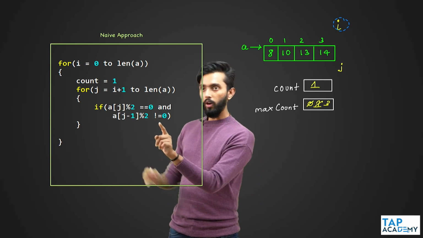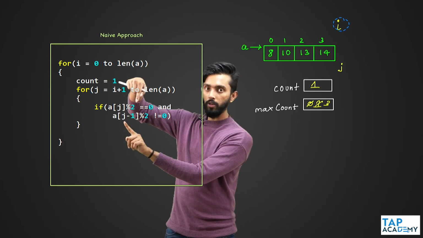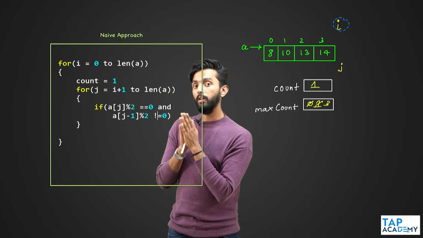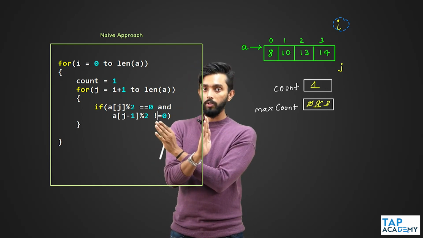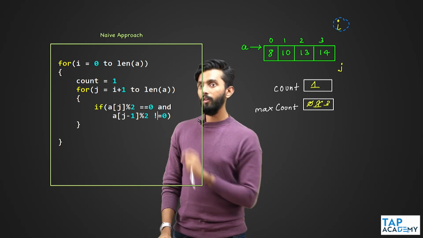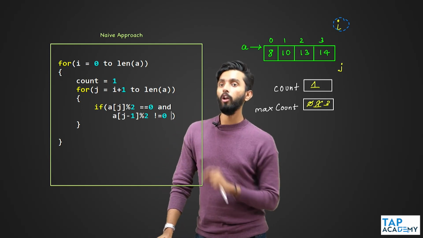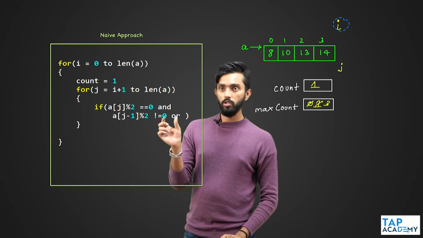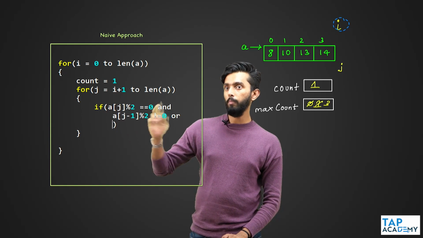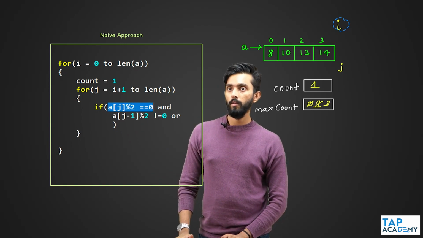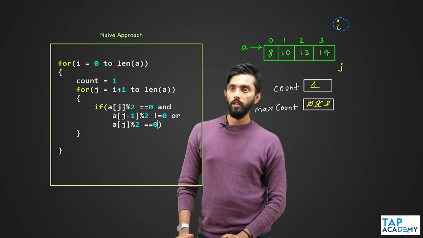Now this took care of the even-odd condition, but there may also be a condition where it is odd-even. I hope you are able to understand. So what I will do is go there, leave a space and write or. Yes, or, and in the next line I will copy this and paste it again.